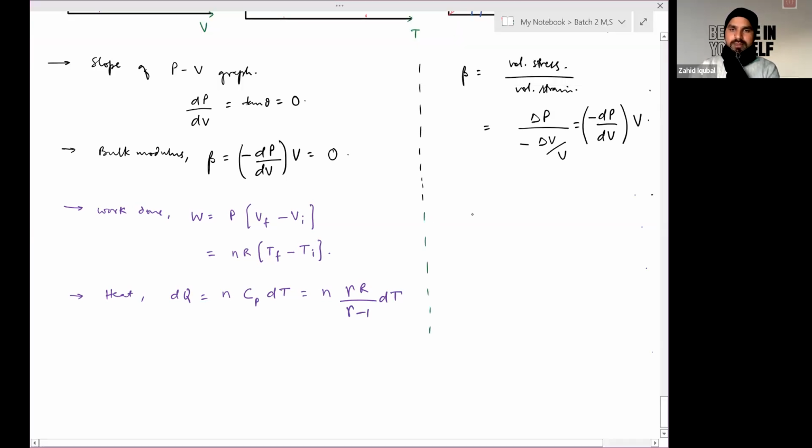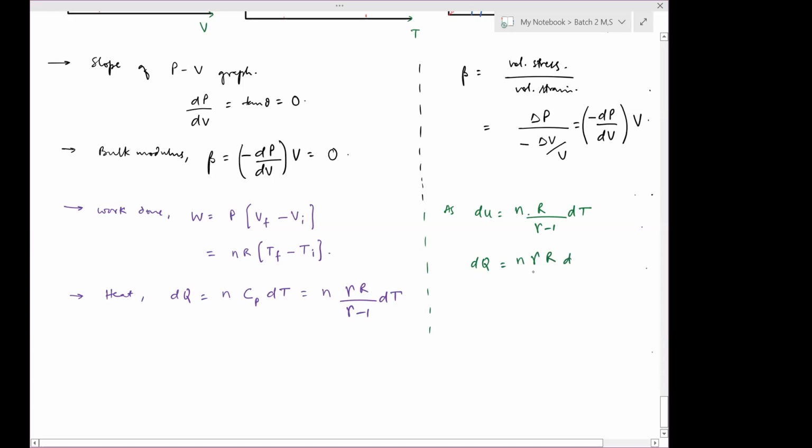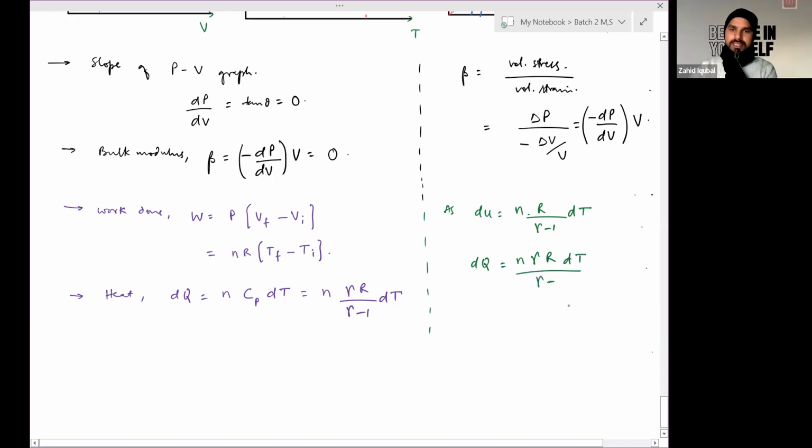In the last-to-last class, I defined how to calculate internal energy as dU equals n times R by gamma minus 1 times dT. And for this part, we have dq equals n times gamma R dT divided by gamma minus 1. So just divide these two expressions. The rest of the quantities will get cancelled out.